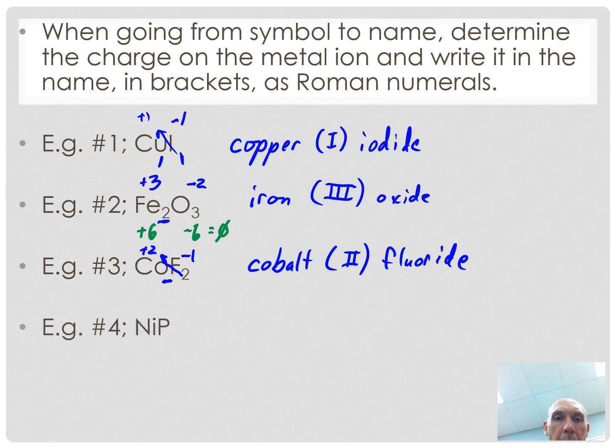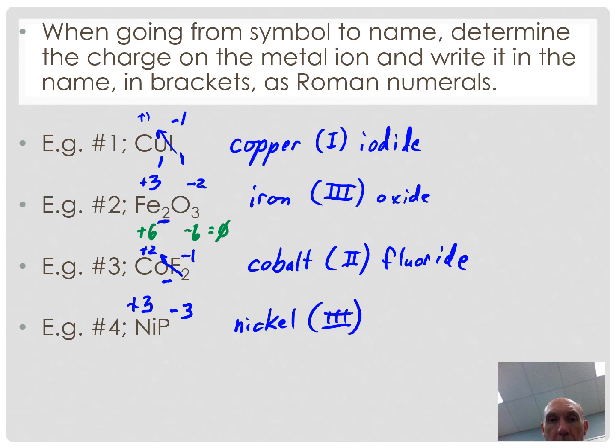NiP. Phosphorus has a charge of -3, and because there's only 1 of each, nickel has to be +3 in order for them to cancel. So that means nickel(III) phosphide.